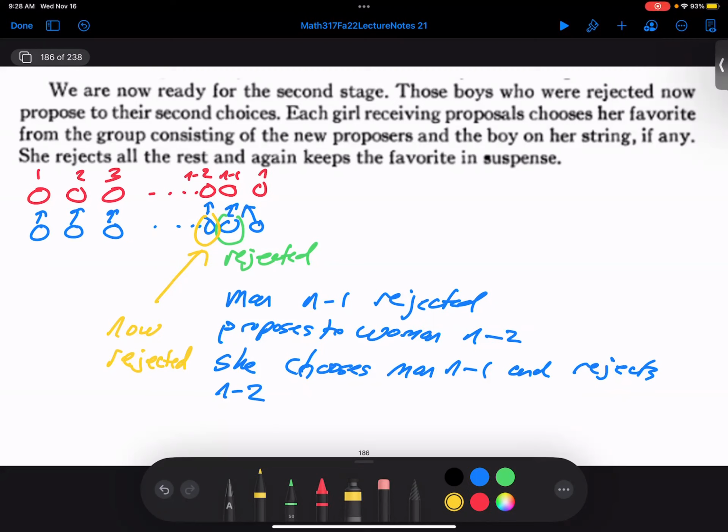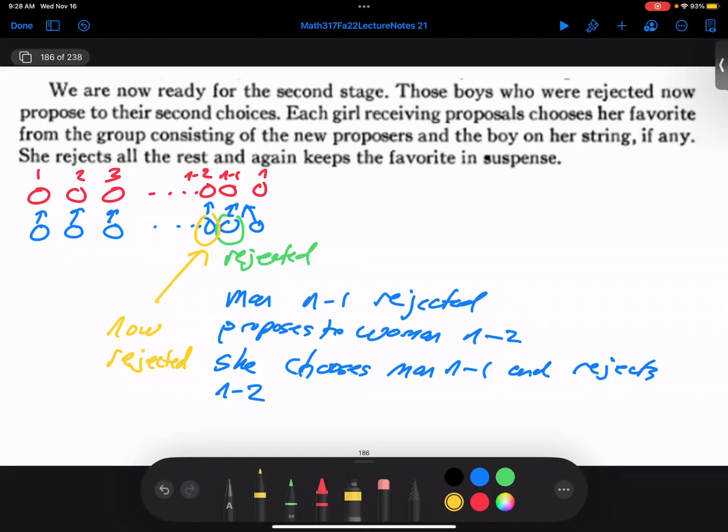So we have n women and n men. If one of the women does not have a proposal, so she hasn't been on anyone's list yet, what must be true about the men? There's at least one rejected man.